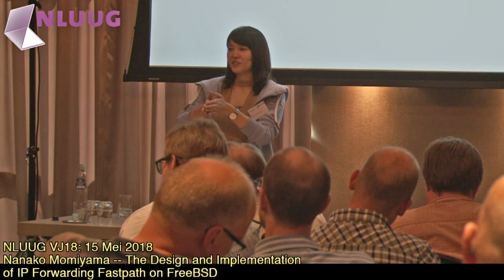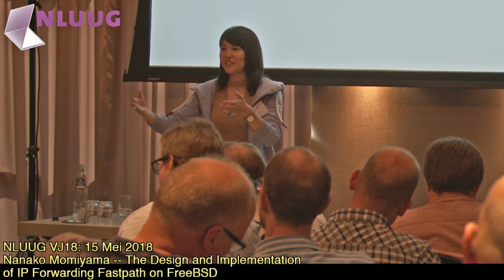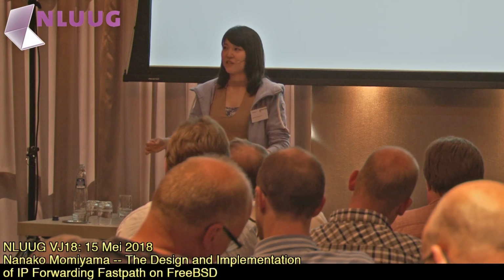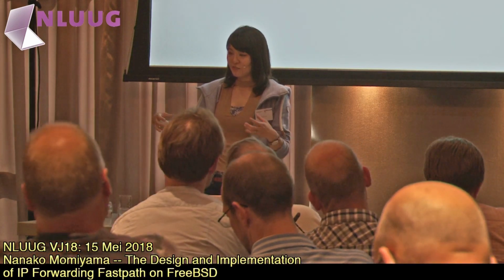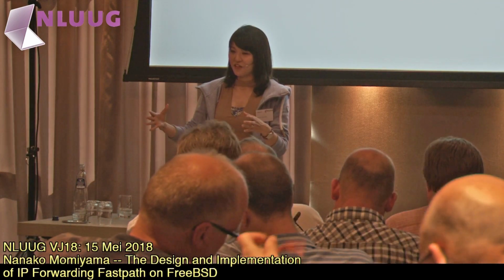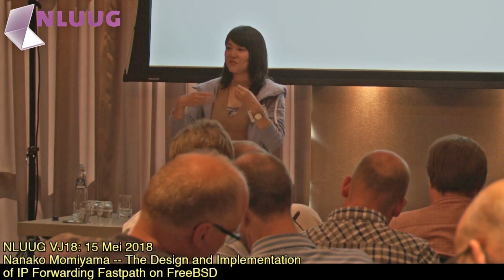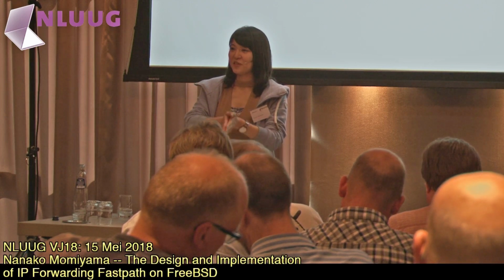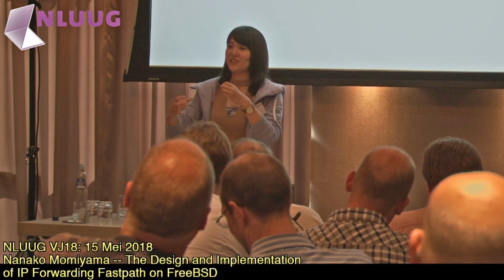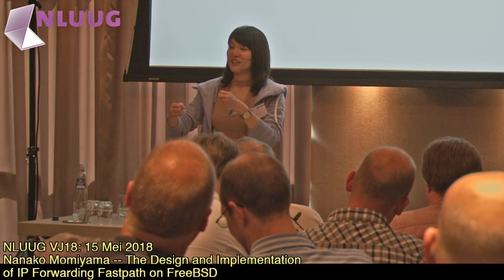If you use multiple cores, of course we can increase the performance, but in reality, we use the server not only for IP lookup, so the application uses the cores in many ways.